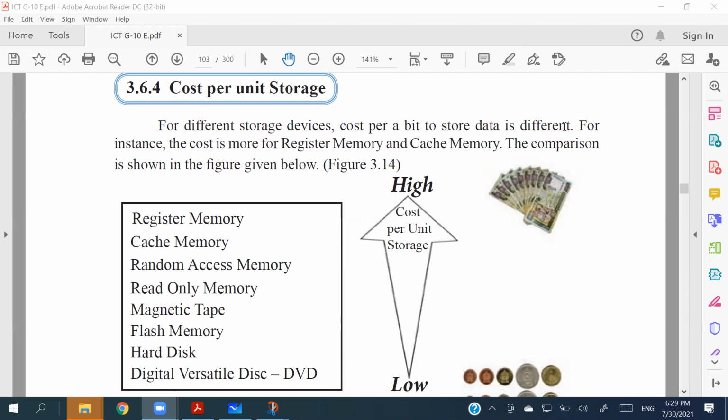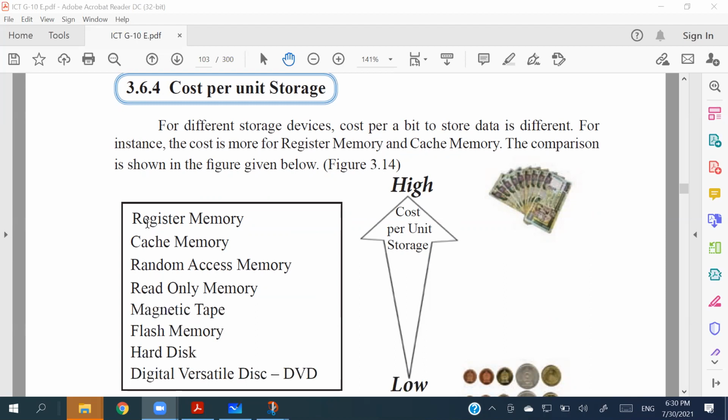When it comes to the register memory, as I told you, the register memory is inside the CPU, right? So if we want to replace the register memory, we won't be able to replace only the register memory. The entire central processing unit, that chip, has to be replaced, right?